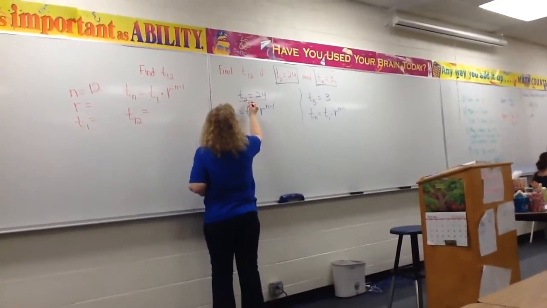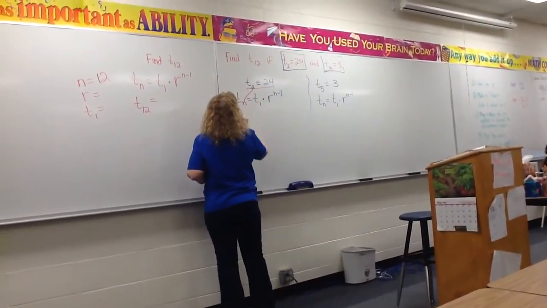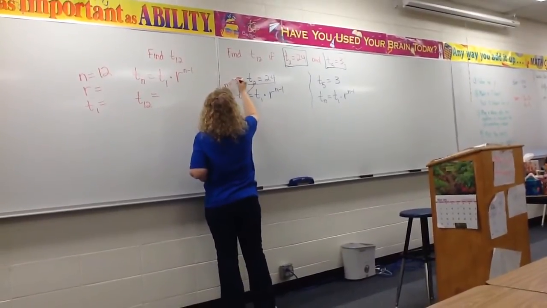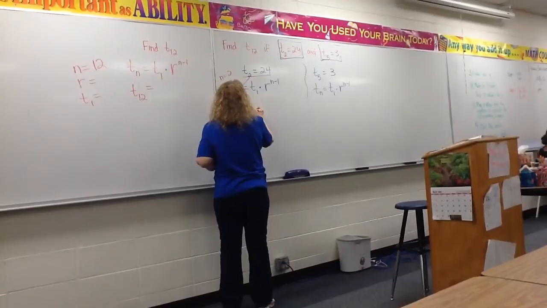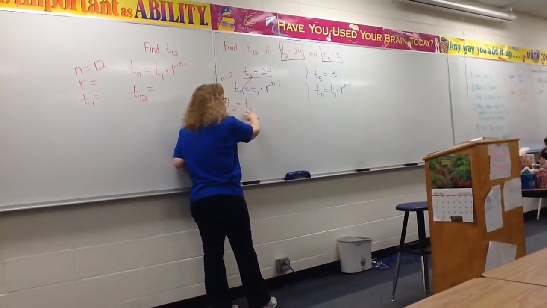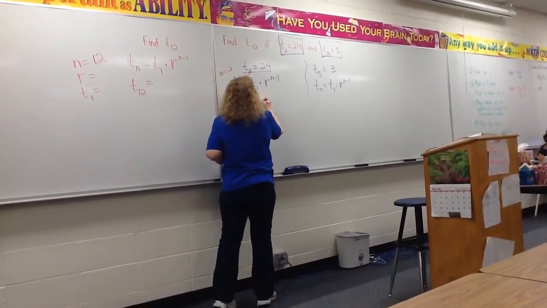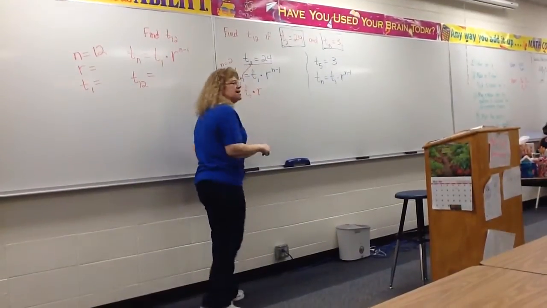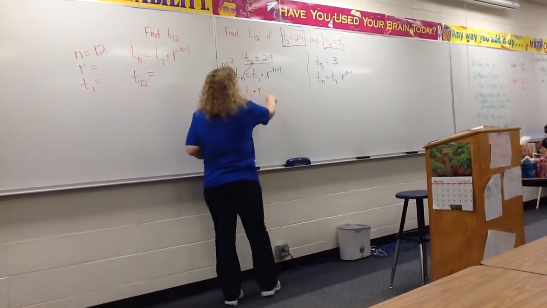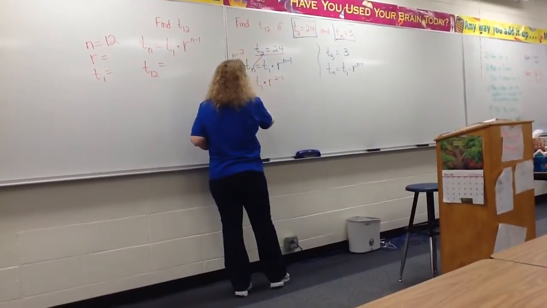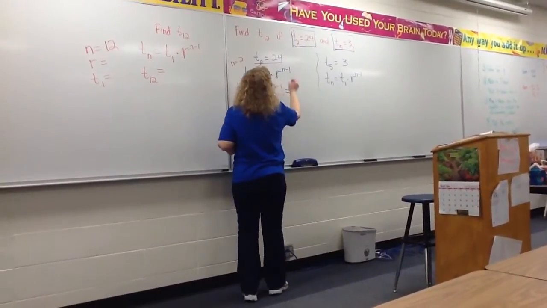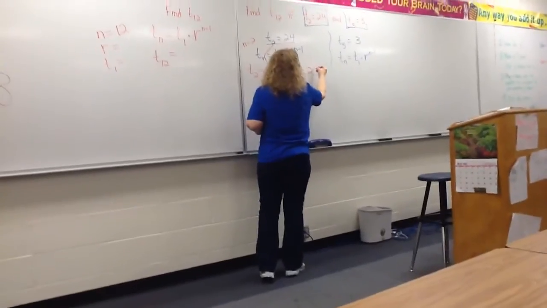T2 is 24. What's your n value going to be? 2. Right? So T2 equals, don't know what T1 is, do we? No. Times R. I don't know what R is either. But I do know that n is 2. And what's the value for T2 equal to? 24.